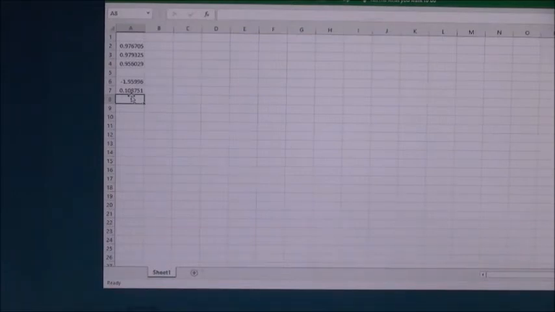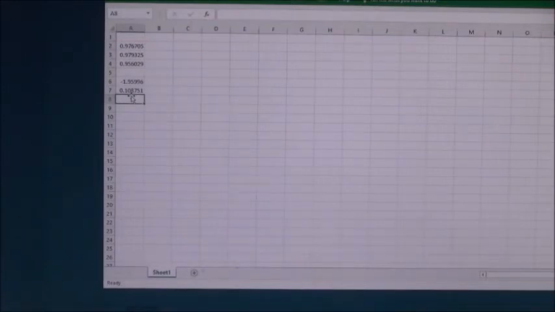If I want to find the z-score, that my z-score is between negative z and positive z, and I know that the area is 0.98, we're going to find the z-score corresponding to the cumulative area of 0.98 plus 0.01, which is 0.99.